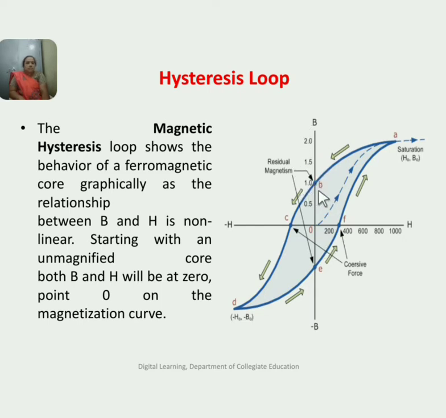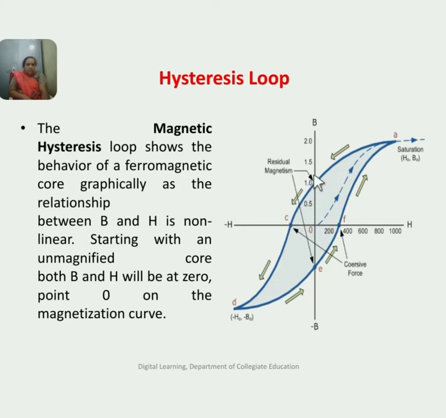To reduce this value to 0, what to do? To reduce the flux density at point B to 0, we need to reverse the current flowing through the coil. We need to reverse the current, meaning its direction changes from positive to negative.